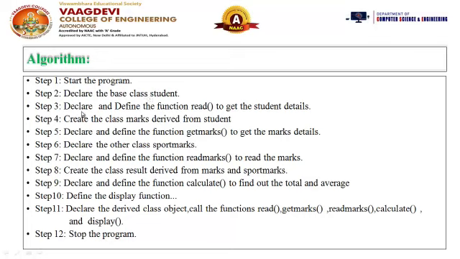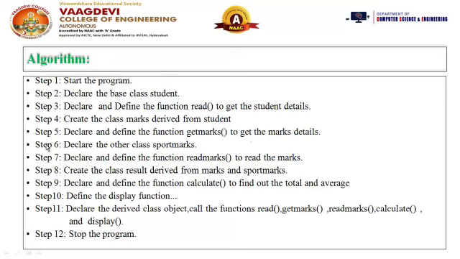In step 3, define the read member function to get the student details. In step 4, we create the derived class marks from the student class. In the next step, define the get marks member function to get the marks details.